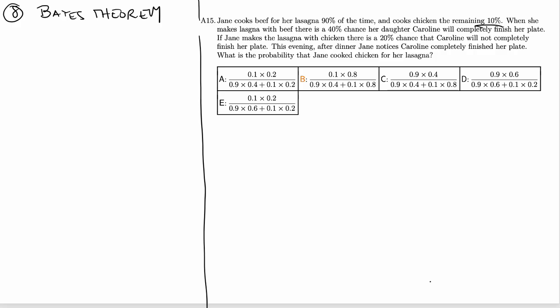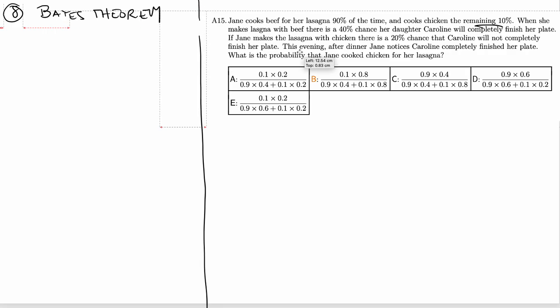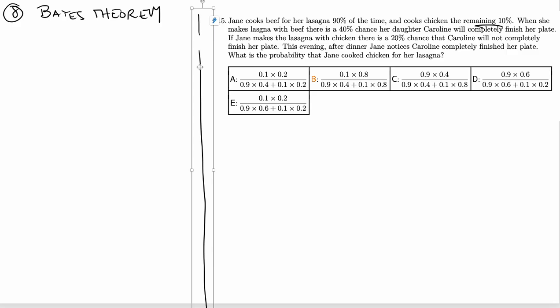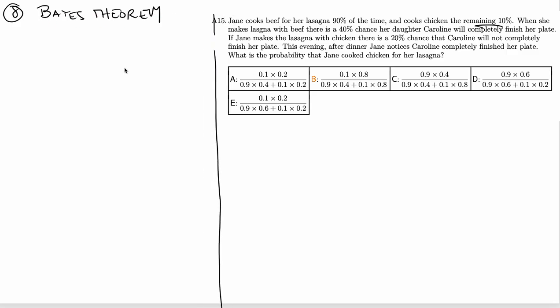Item 8 of the recap is Bayes' theorem. Okay? So what's Bayes' theorem? Let's try to remember what Bayes' theorem is about, and then we will do an exercise. Bayes' theorem is that horrible formula that we saw last lecture or the other one.